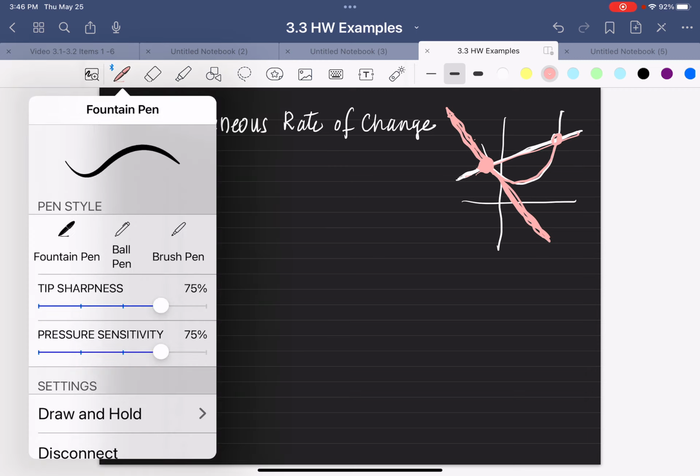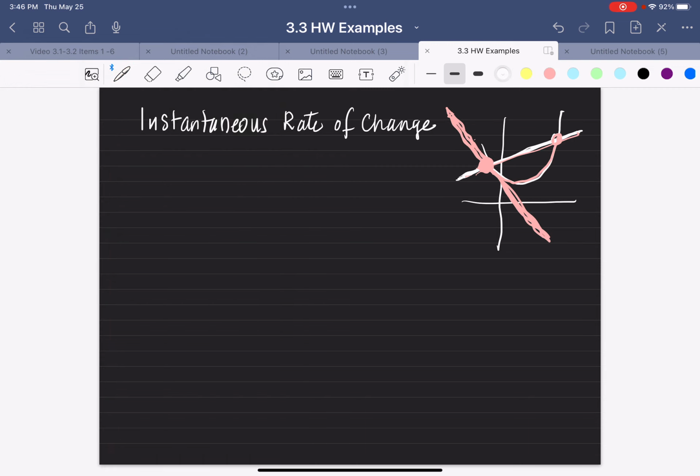Now, what we learned is it's still the slope formula, but it's the limit as h goes to 0. Because remember, h is the distance between these points. And I'm backing up that first point till that distance between them is just 0, and I'm right here on only this point because the distance between them has gone to 0.